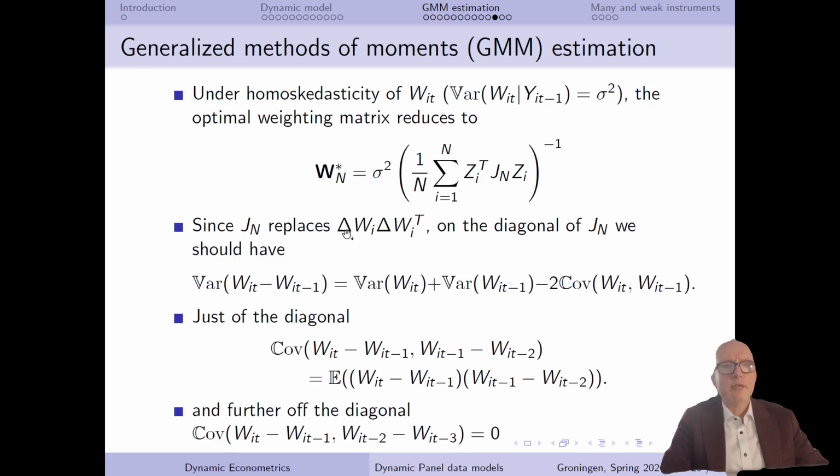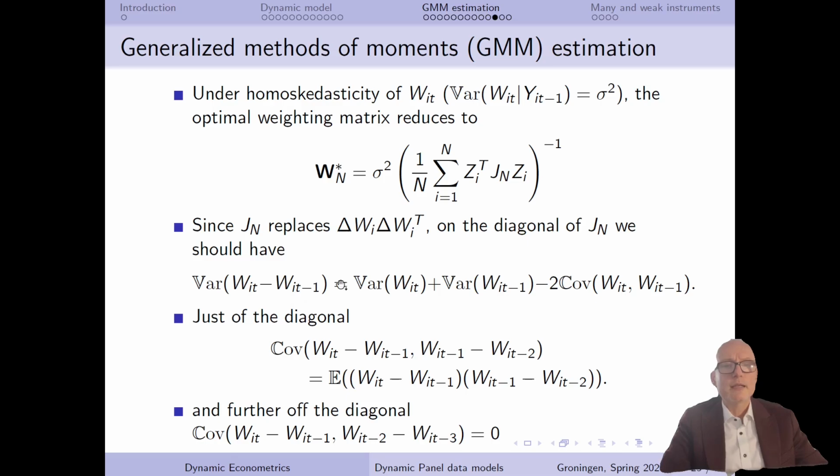Take into account that what we are going to have here is a matrix. Along the diagonal elements, we simply get the variance of delta w_it, which is of course equal to the variance of w_it minus w_it-1.